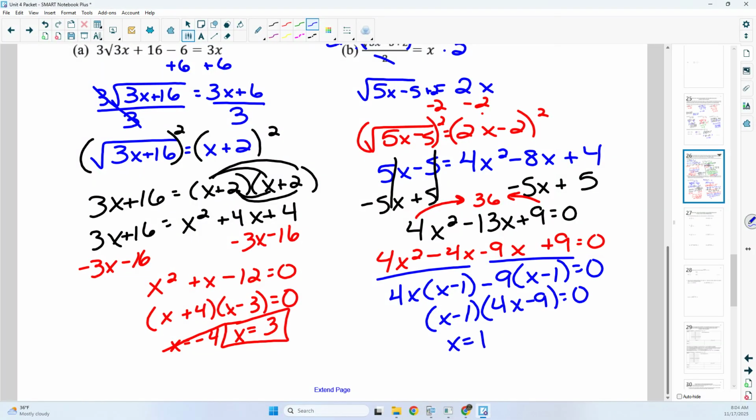And I get 1 and a 9/4. And actually, in this case, if I check them in the original equation, both of them work. If you're watching the end of this video and you're confused about the checking process, I went over it in the top 2 examples, so just go back to those 2.